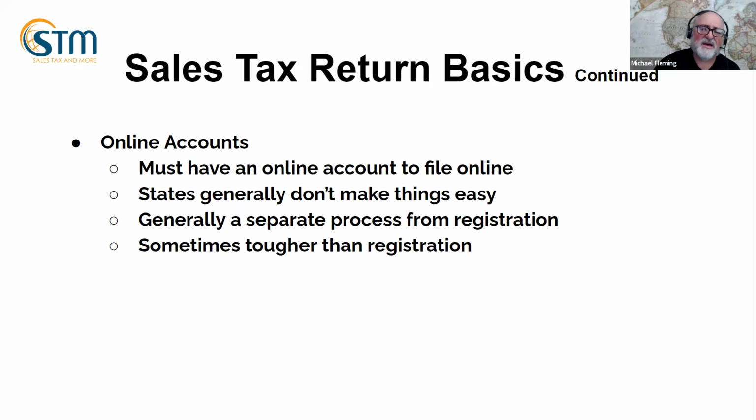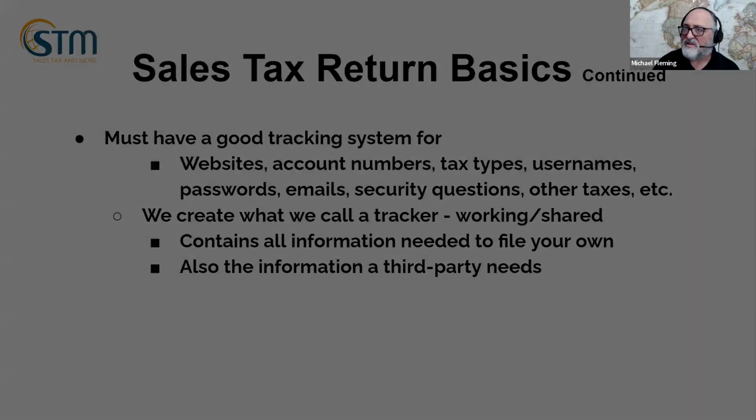For example, the state of Washington, when you register to file sales tax in the state of Washington, you get like 5 or 6 letters from them, and each letter has a letter ID. And you got to figure out which is the right letter ID that you use to be able to go in and link up your tax account with the ability to file those taxes online. So nothing is ever easy when it comes to the states.